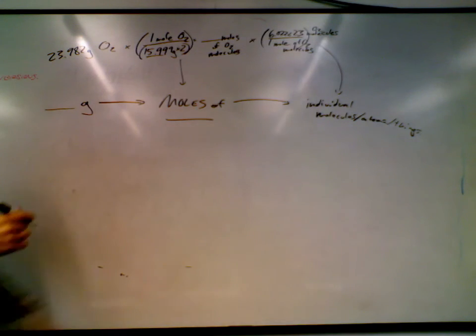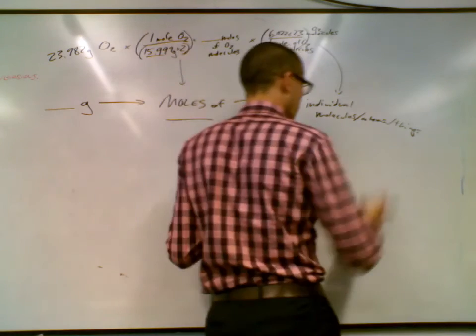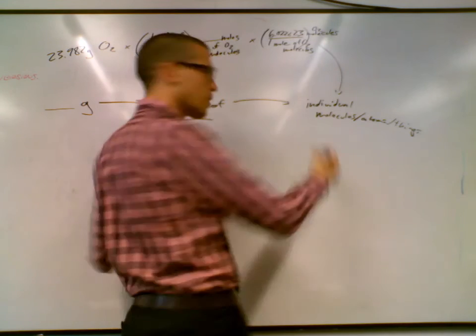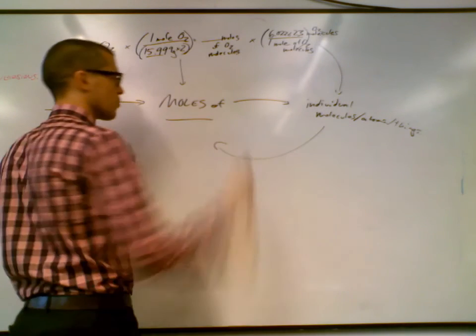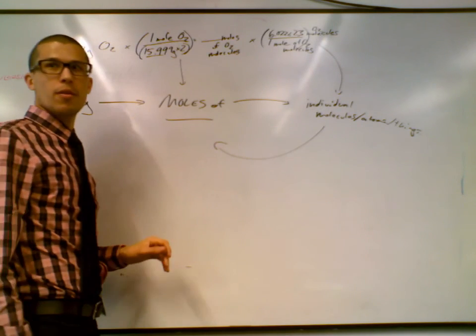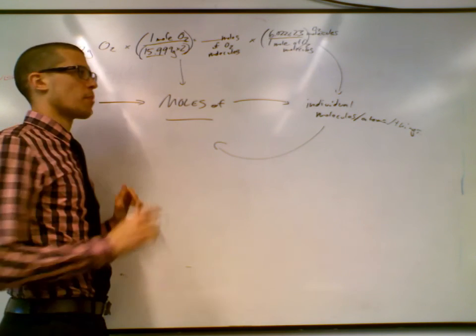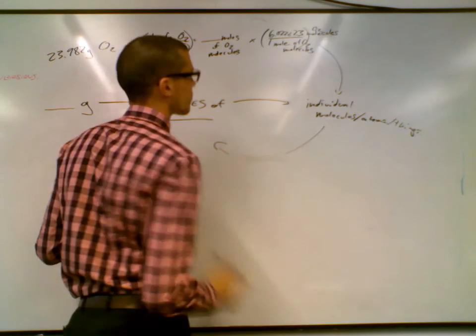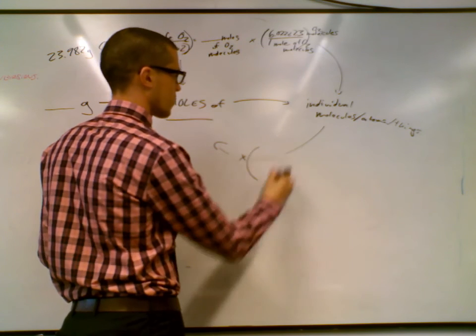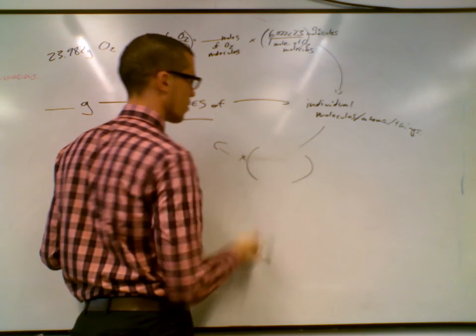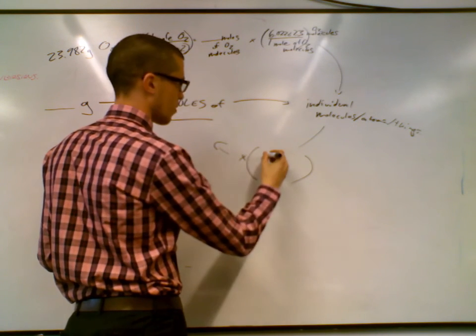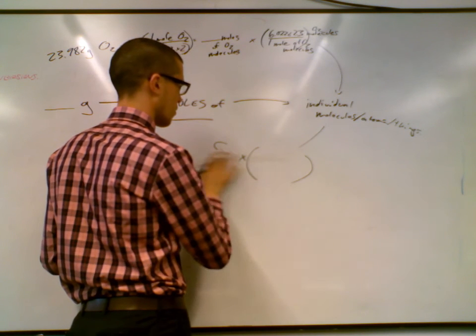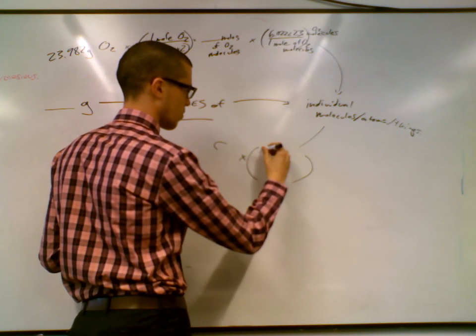Let's suppose we start off with a big number of oxygen atoms. How do we get back to moles of oxygen molecules? Let's do oxygen molecules. How do we put that? The individual molecules, parentheses, 1 mole over 6.022.